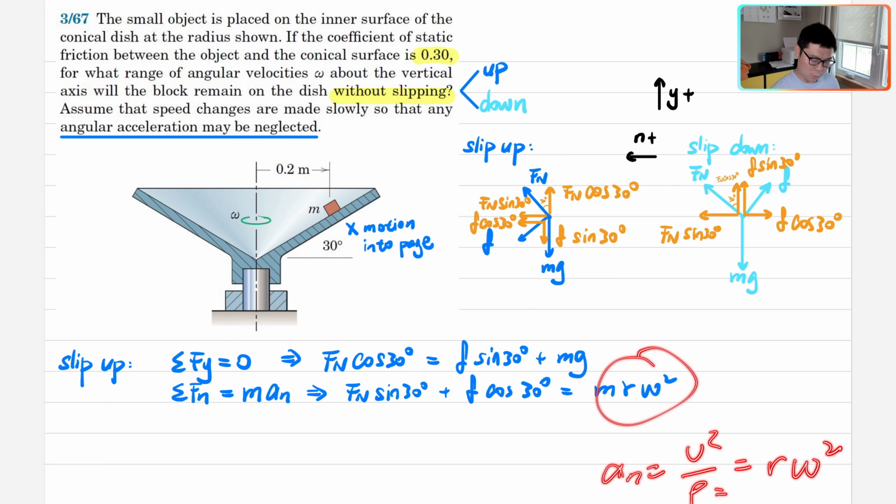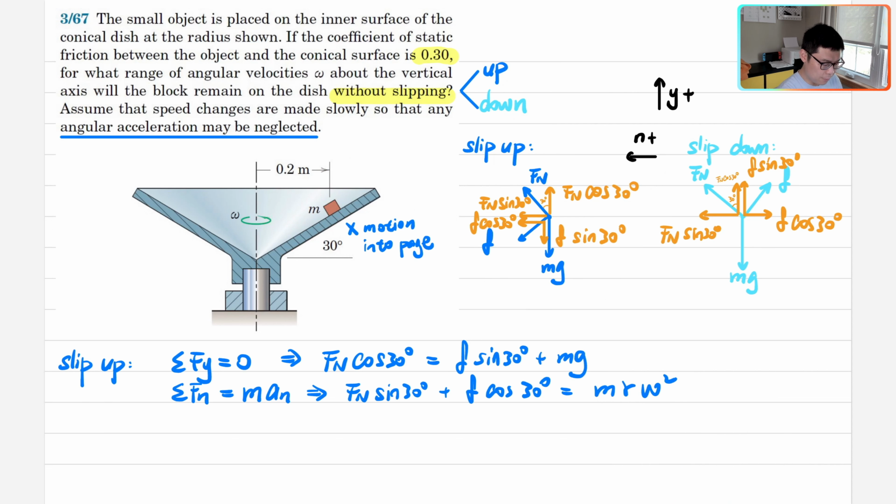The normal acceleration is v squared over rho, or r omega squared. Why am I not choosing the v squared over radius expression over the r omega squared? The reason is that I'm being asked to get the angular velocity. You can get the tangential velocity, that's fine, but you're being asked for angular velocity omega.